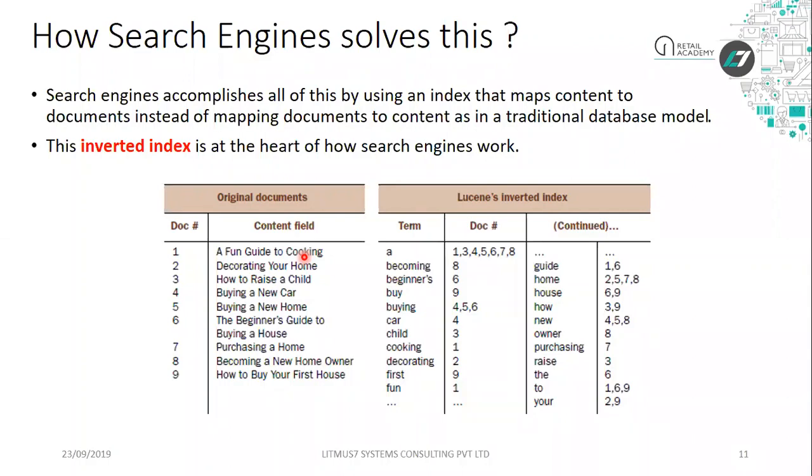Then the second thing is what we need to retrieve: in the search results page, what information you want to display to the end customer. All the data that you will be searching might not be part of the results page. For example, there might be meta search keywords that won't be in the response.